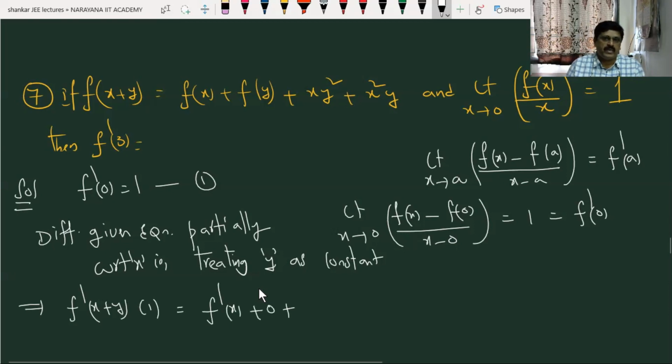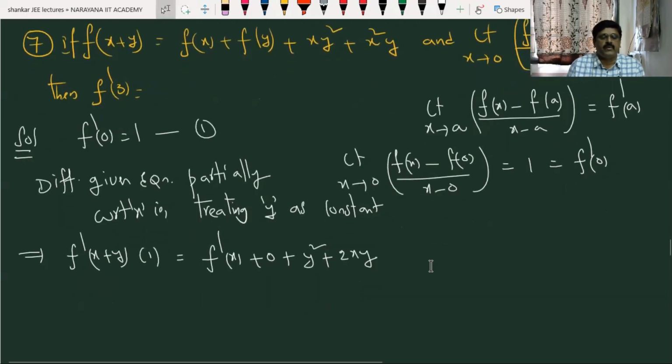Plus x y square. Y square is a constant for you. X is variable. So x derivative 1 into y square plus here x square derivative 2x, y constant as it is, you write. So plus 2xy, students. So what do you have here? F dash x plus y is equal to f dash x plus y square plus 2xy.